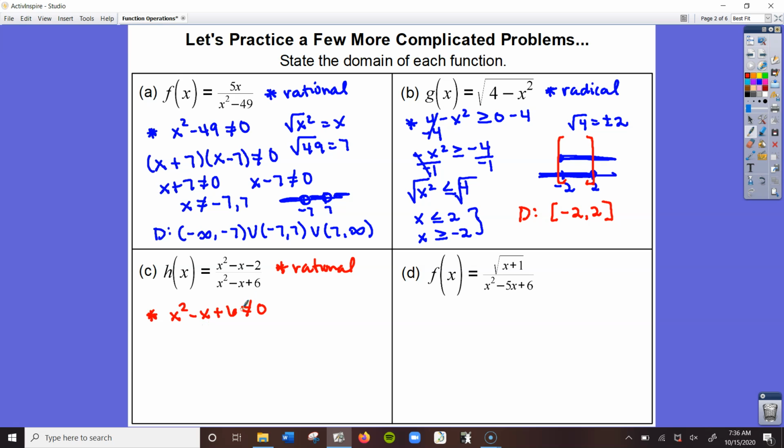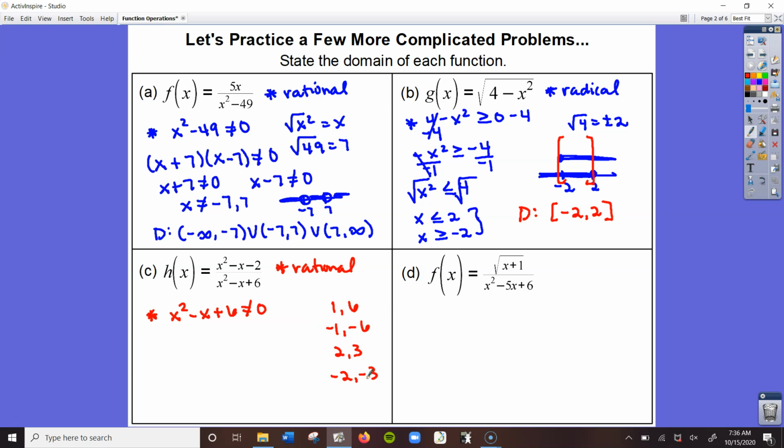But if you were to try to figure out the two numbers that multiply to give you 6 and add to give you negative 1, let's make a list of all the numbers that would multiply to give us positive 6. That would be either 1 and 6, negative 1 and negative 6, since two negatives multiply to give you a positive, 2 and 3, and negative 2 and negative 3.